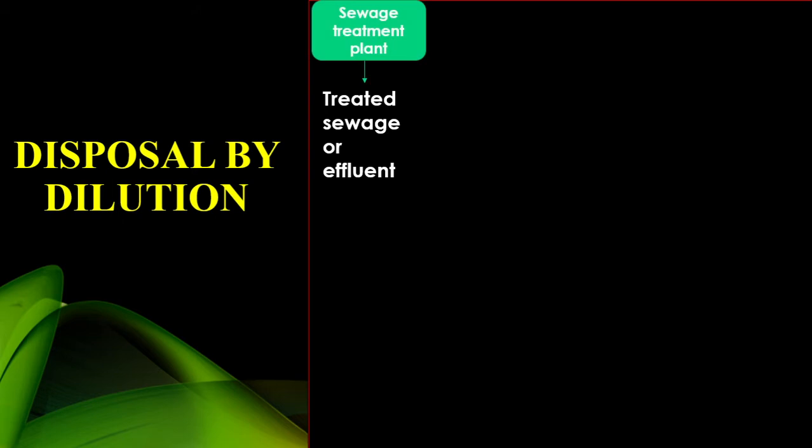Disposal by dilution. Disposal by dilution is the process whereby the treated sewage or the effluent from the sewage treatment plant is discharged into a river stream or a large body of water such as a lake or sea. The discharged sewage in due course of time is purified by what is known as self-purification process of natural waters.